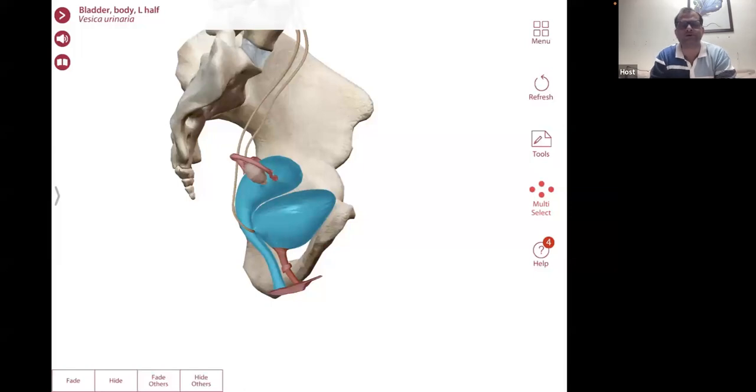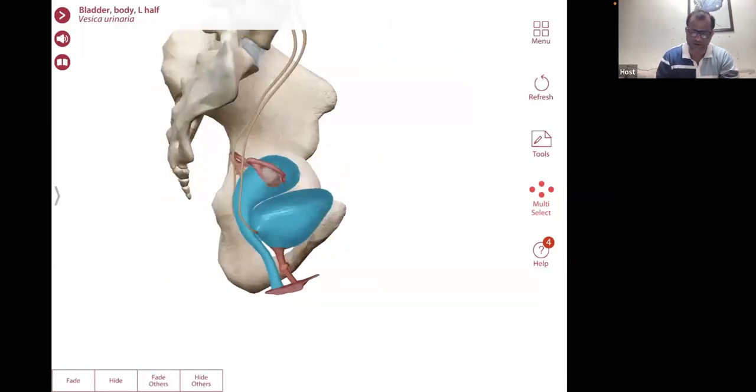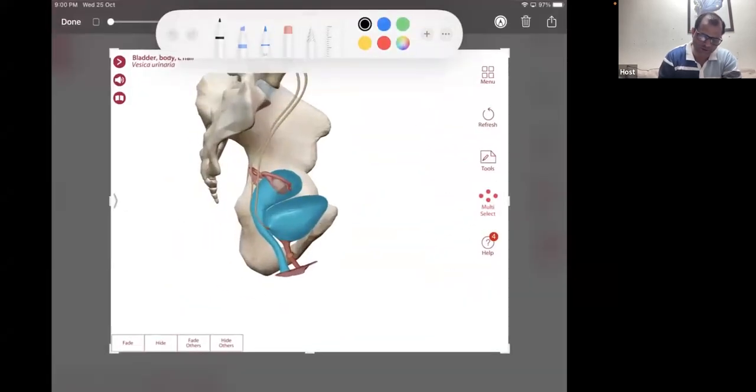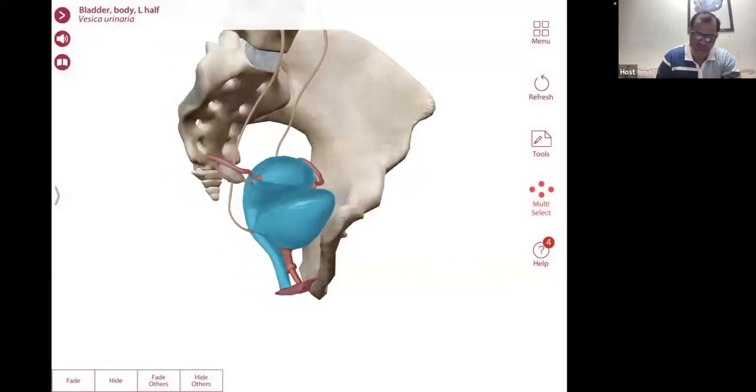So many females will notice frequent urination, or they are not able to hold too much urine in the urinary bladder because of the pressure coming from the uterus on the back side. तो आपने देखा है कि अगर प्रेगनेंसी के समय जब यूट्रस का साइज बढ़ जाता है और ये यूरिनरी ब्लैडर के ऊपर कंप्रेशन क्रिएट करता है तो यूरिनरी फ्रीक्वेंसी इंक्रीज हो जाती है. Even a female suffering with a uterine fibroid, it will also affect the urinary bladder. So we can see how closely they are attached to each other.